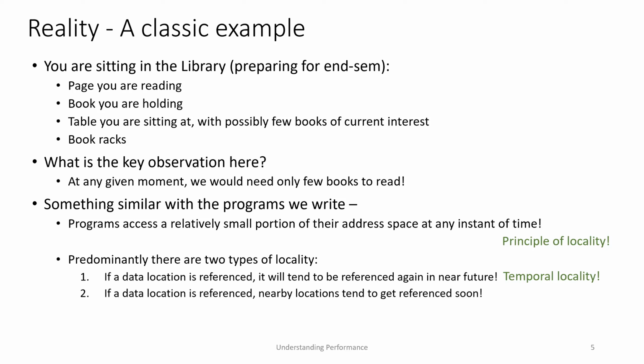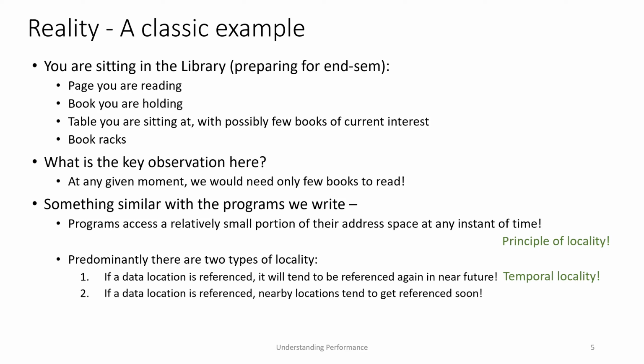So if we are streaming through an array, and the access pattern is something like we are trying to retrieve the element at index 0, 1, 2, 3, 4, etc., then when we are accessing element 6, we know that the next access would be for 7, right?